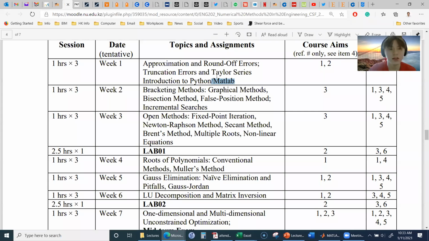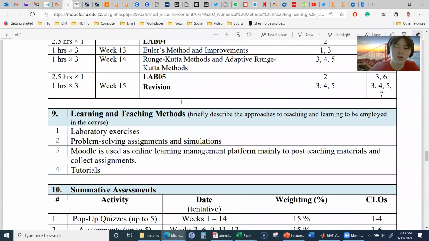Sorry, can I ask a question? Yes. There is a notion in the syllabus about the attendance. So it should be more than 80% to not receive any penalty. Or is it not applicable for an online course?